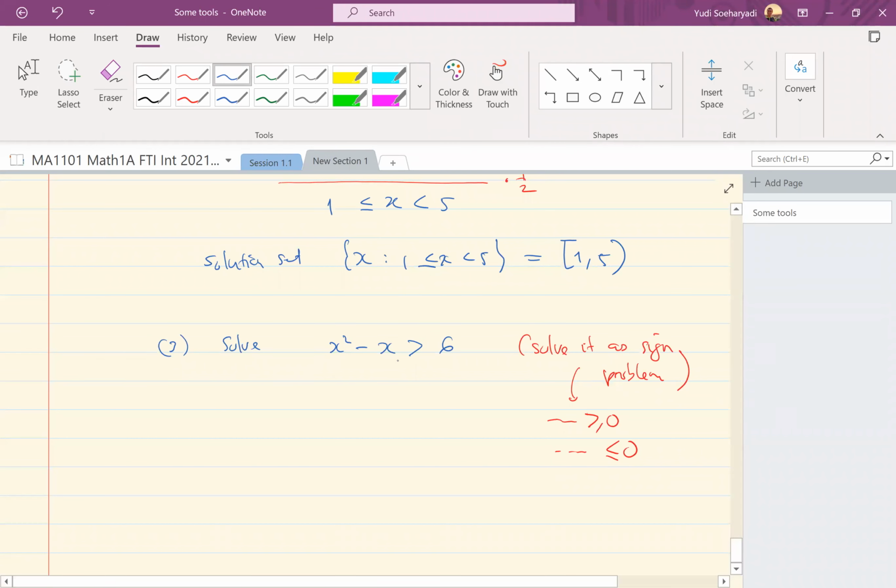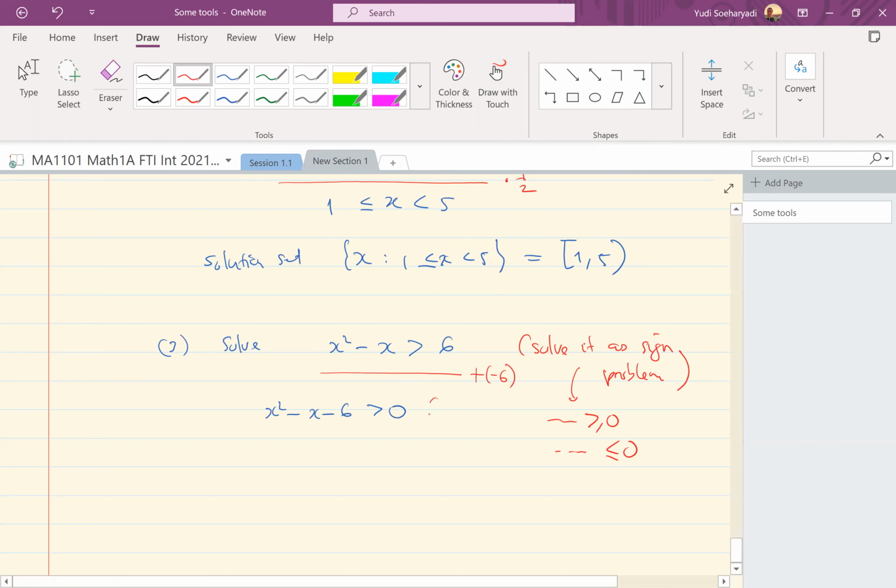Okay. So how to solve this one? All right. So here you subtract 6, right? So you get x squared minus x minus 6. Now this is the sign problem, right?